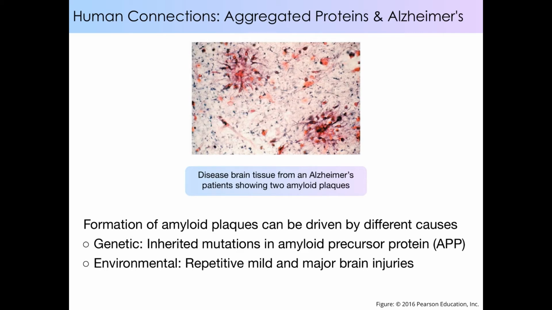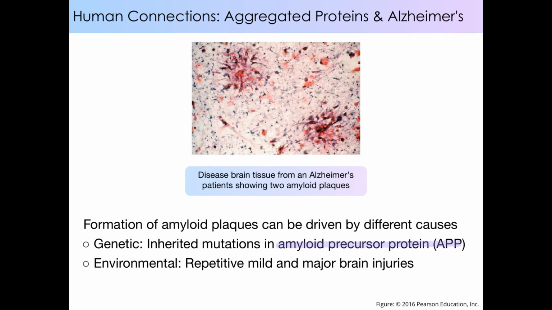There are both genetic and environmental factors that are associated with Alzheimer's disease. For example, mutations in the amyloid precursor protein, as well as in secretases, and even in genes that are involved in cholesterol metabolism, have been associated with an increased risk of Alzheimer's disease, particularly early onset Alzheimer's disease, which develops at around age 40 or 50.